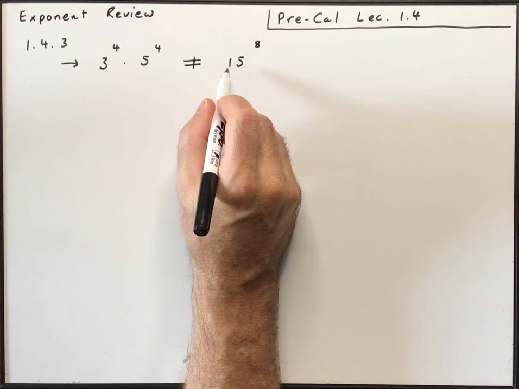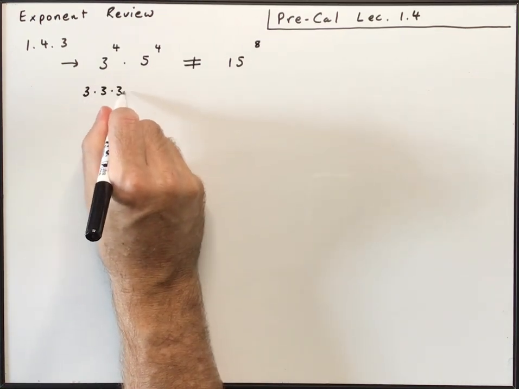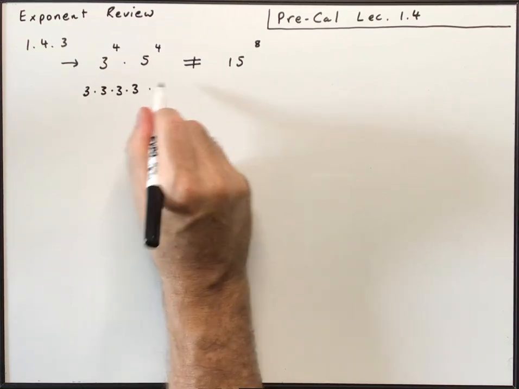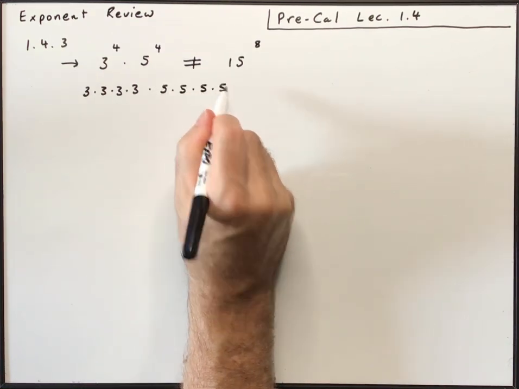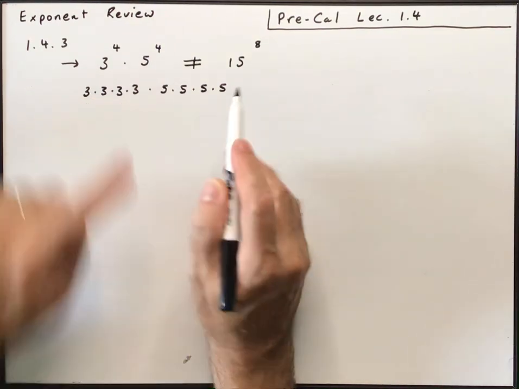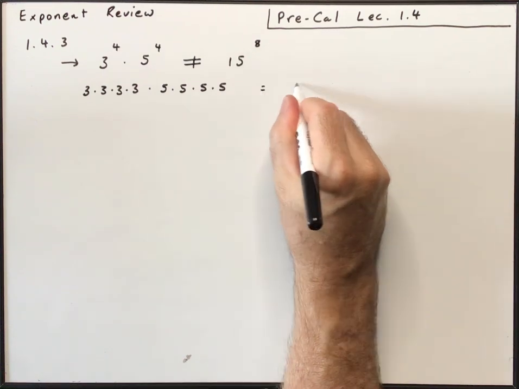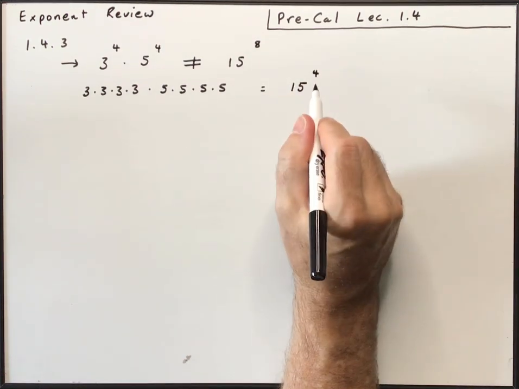This is the same as 3 times 3 times 3 times 3 times 5 times 5 times 5 times 5. So you have 4 3 times 5s multiplied together. So that would be 15 to the 4th.